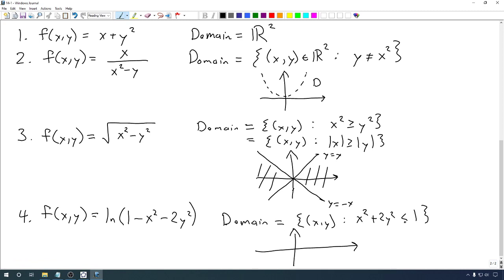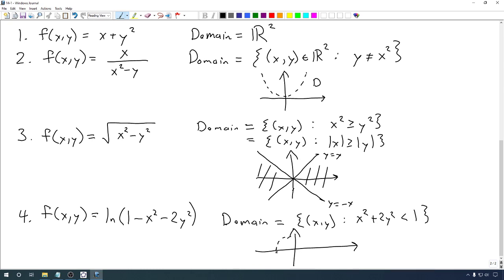Now, again, it is not less than or equal to, so we have to exclude the ellipse itself. Any point on that ellipse will not work in this function. So, like we did on 2, we're going to put a dashed line instead of the solid lines that we put on 3. And on 3, we could allow those lines to be in our domain.